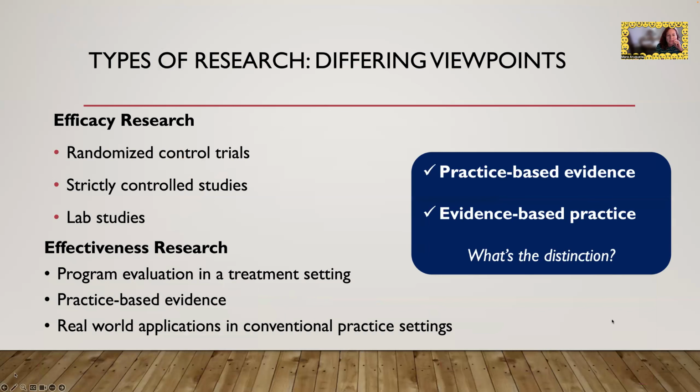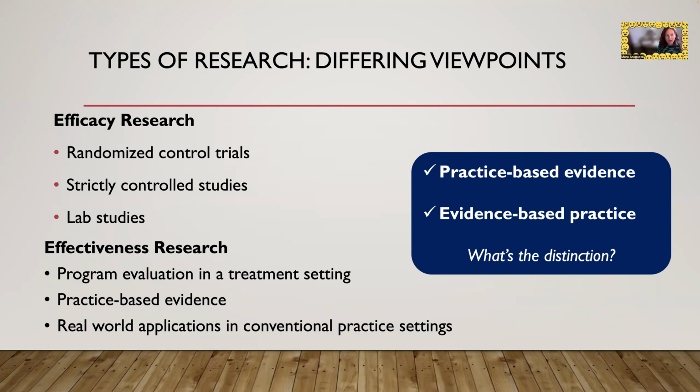Okay, so there are different kinds of research, and a lot of times those are sort of seen as dissimilar to one another, and they are dissimilar in some ways, but a lot of times they're seen as opposing, and they're really not. We really need both of them. So we've got what we call efficacy research, and efficacy research is like the randomized control trials.